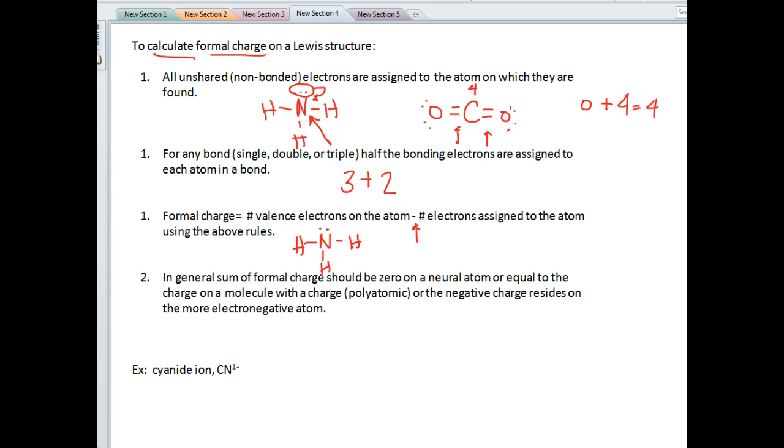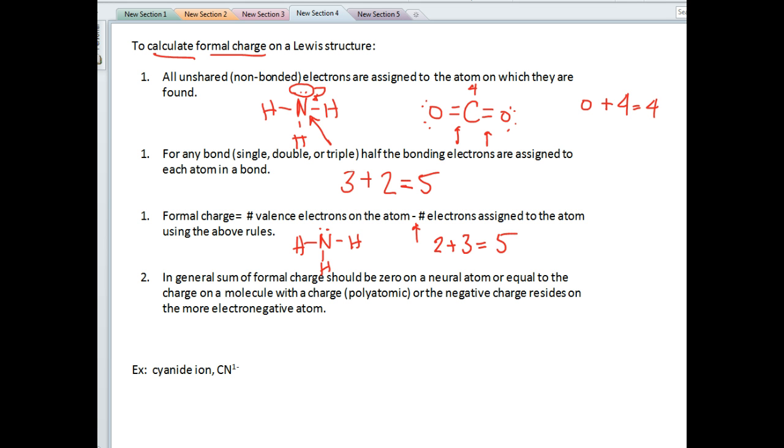First off, we calculated above 5 for that central nitrogen. It had 1 unshared pair of electrons, which is 2, plus we added in half the bonds, so each single bond counted for 1, and there were 3, so we had a total of 5.